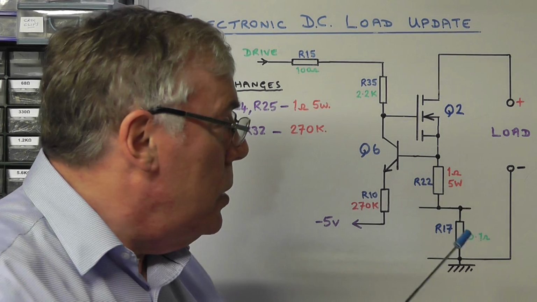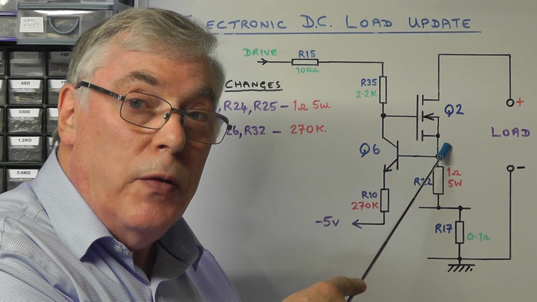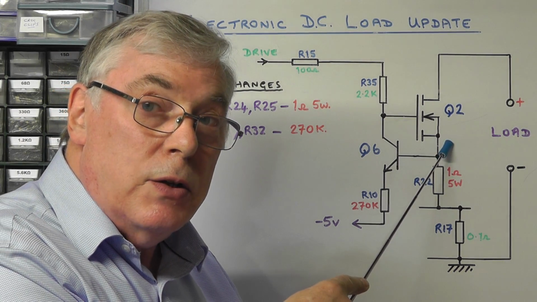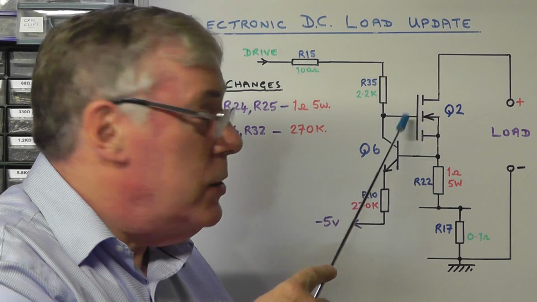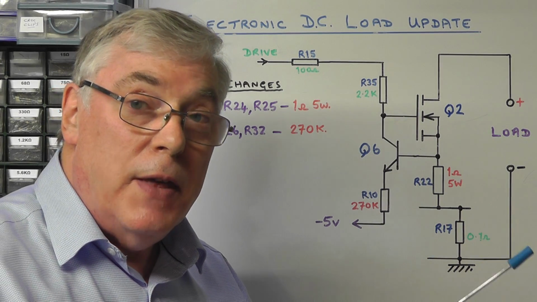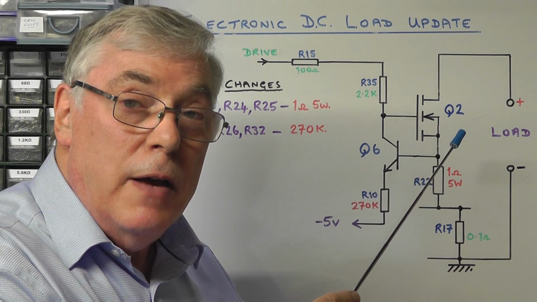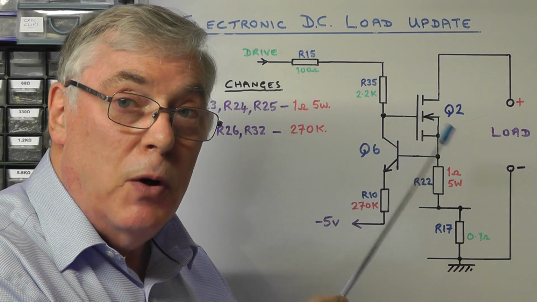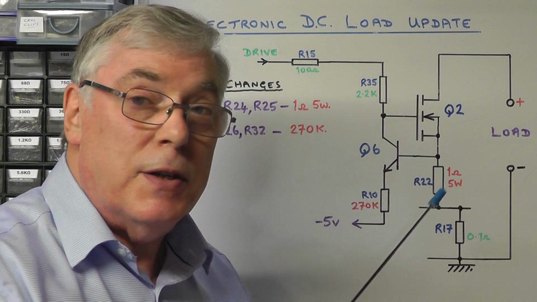And what that tends to do is increase the voltage you see on the source of that MOSFET. So that voltage increases towards the gate voltage, so the gate source voltage effectively reduces, and that in turn would reduce the gate source drive to that MOSFET, and reduce the current flow through it. So it gives some form of balancing.